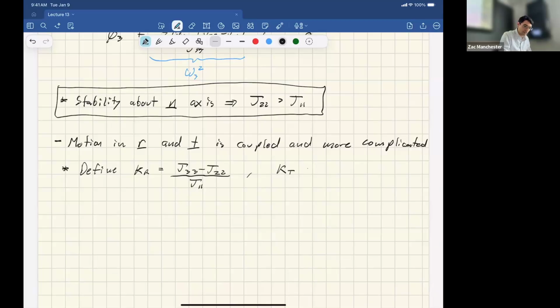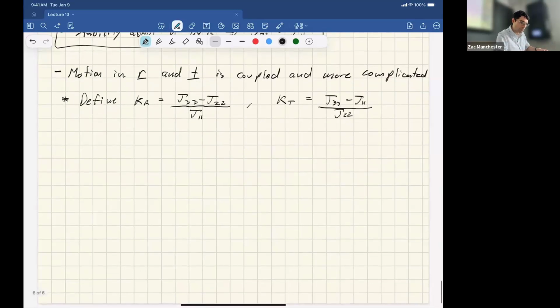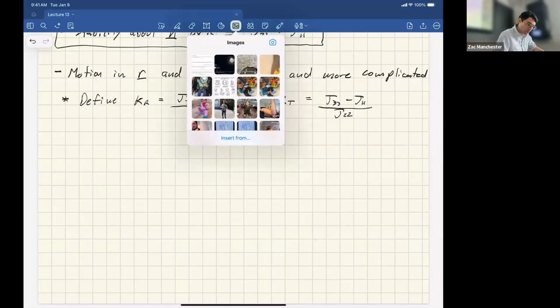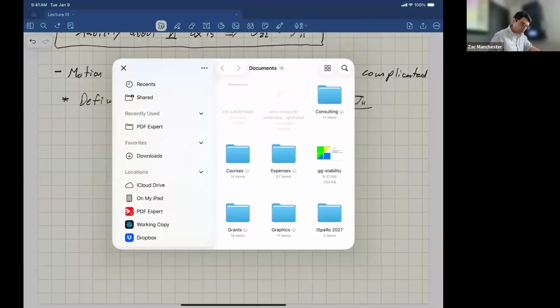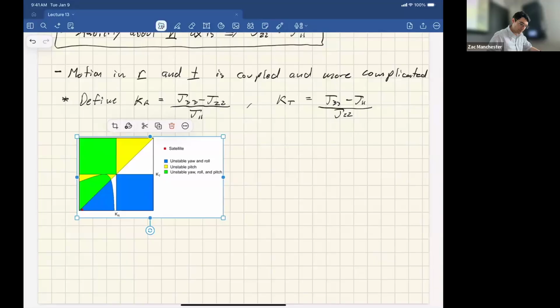So Kr and Kt, which are radial and transverse inertia things. And then in terms of these guys, you can express the stability of this thing. And I'll drop it in here. And it looks like the following.